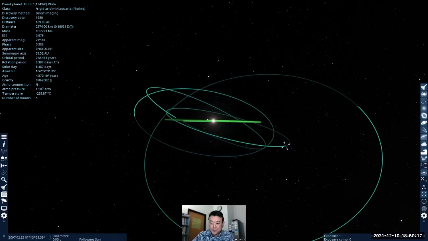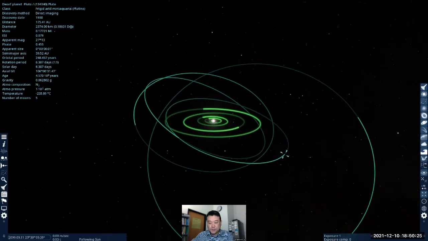So these two objects are similar in size, and they share a similar-ish orbit. Eris is maybe a little bit farther out than Pluto is, and their orbits are so elliptical that there are portions of their orbit where Eris is actually inside the orbit of Pluto.